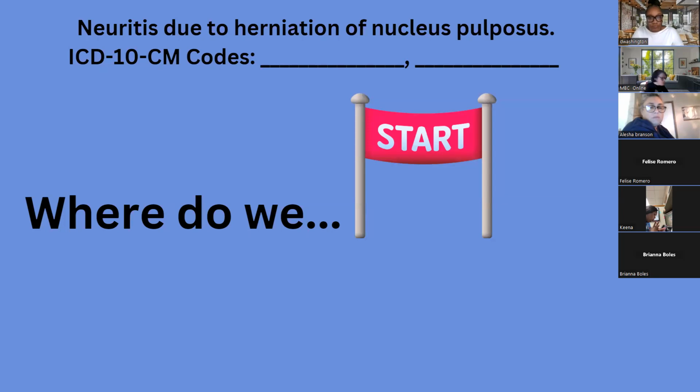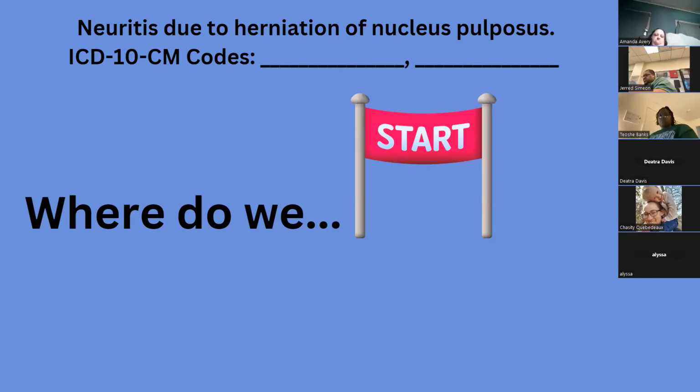Alicia, go to your tabular and find M51.9. Brianna, go to your tabular and find G55. And then when you get those, I want you to read the definition.